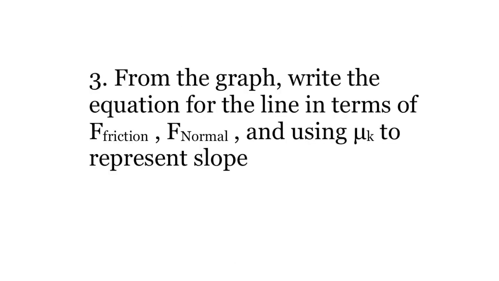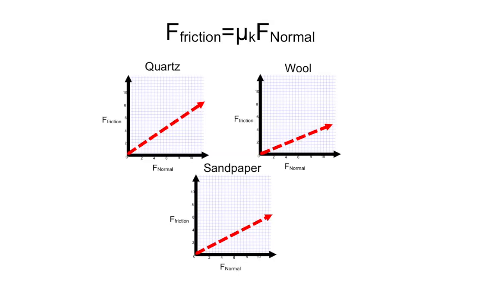From the graph, write the equation for the line in terms of force of friction, normal force, and using the coefficient of kinetic friction to represent slope. The equation of the line ends up being the force of friction is equal to the coefficient of kinetic friction times the normal force. This equation can be inferred by the independent variable being the normal force, the dependent variable being the friction force, and the coefficient of kinetic friction acting as the slope, as seen on the graph.